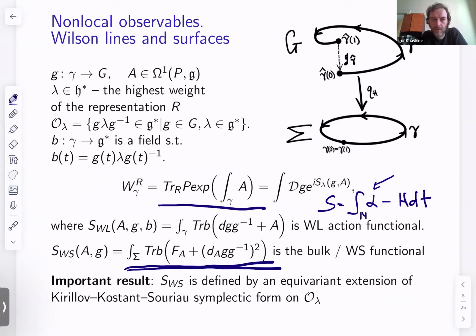Okay, so what identities do you need to do to evaluate the path integral and show that it's equal to this integral over the Wilson loop? So you need to put into correspondence the Hilbert space and the representation.